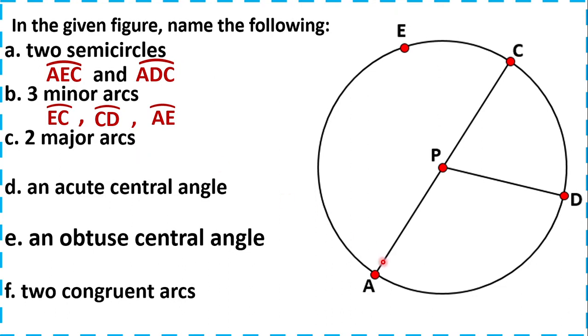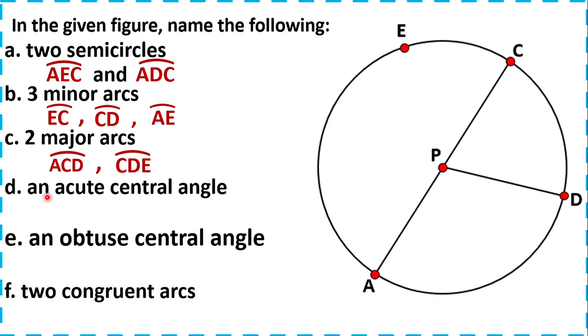The two major arcs found in the circle: we have arc ACD, which is greater than 180 degrees, starting from point A, then point C, then the last point D. And arc CDE is also a major arc, starting from point C, then point D, then the last point, point E. So these are the two major arcs.